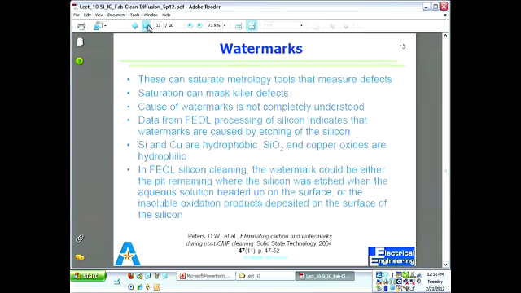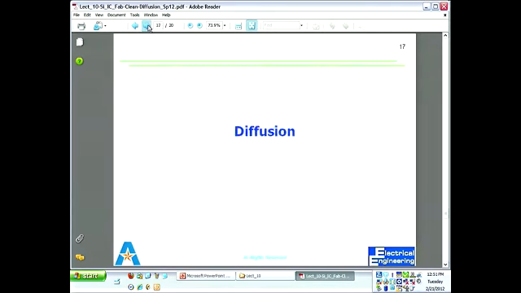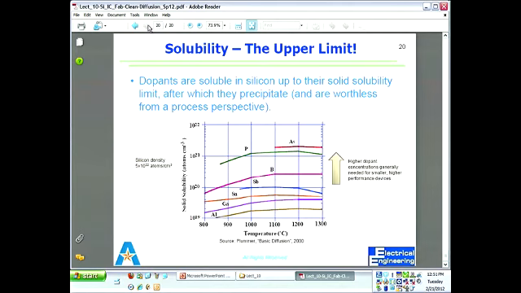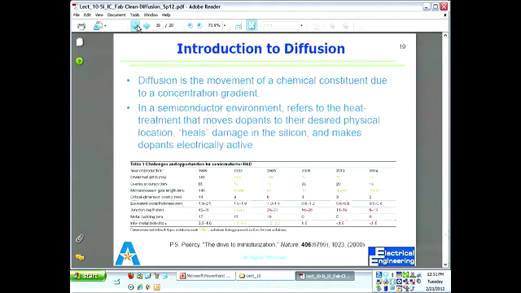Diffusion becomes a challenge. Let's see. So this is from last week. Junction depth parameters.